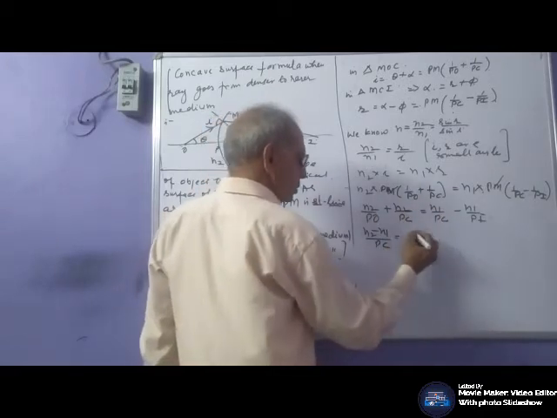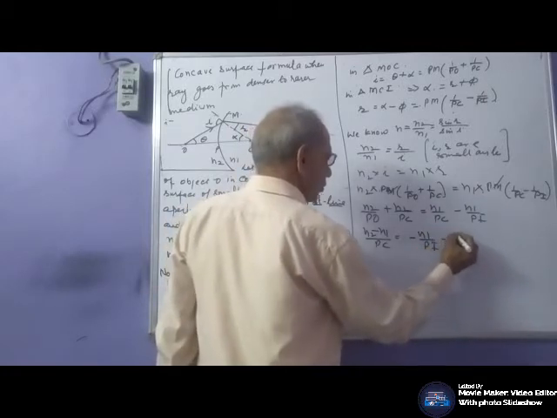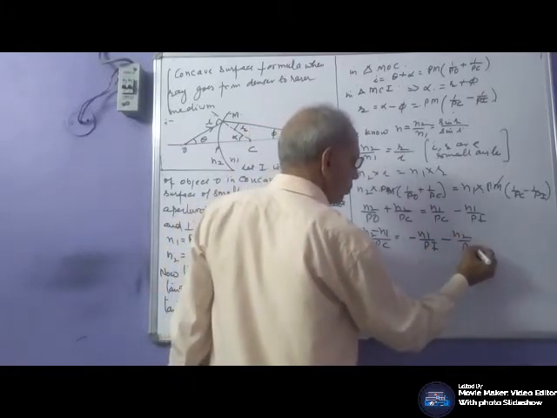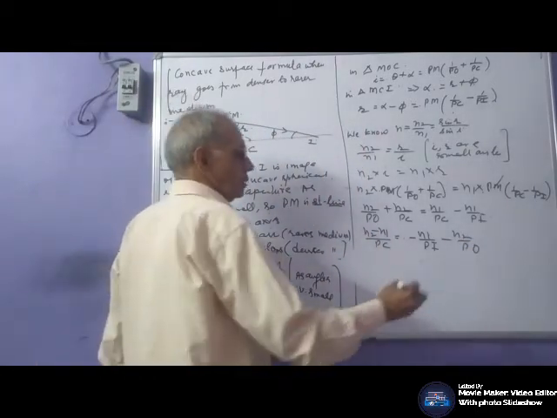Take this to this side: minus N1 by Pi, minus N2 by PO. This is number first.